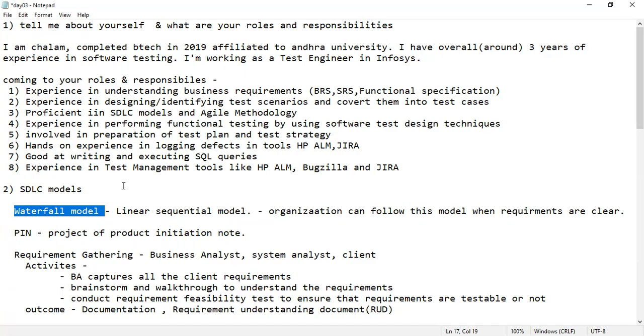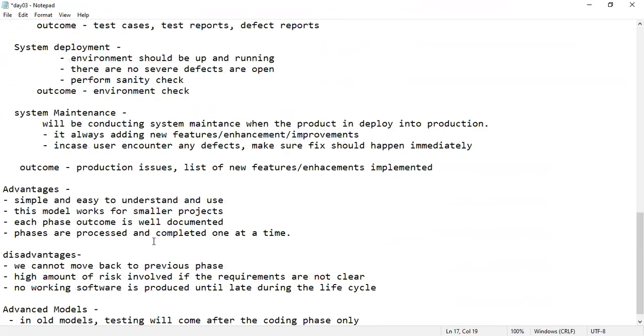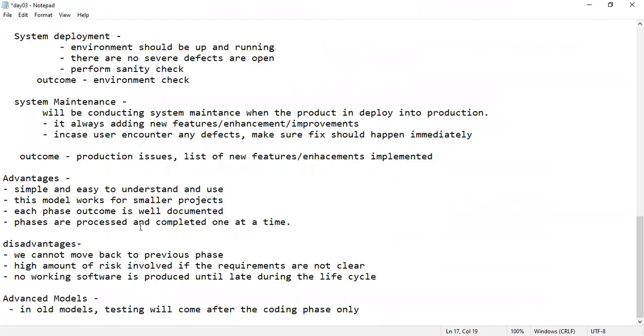What else? Spiral model. What else? Incremental model. Okay, these are all SDLC models. Old models, new models, as we just discussed: V model, Agile model, fish model, and DevOps model.